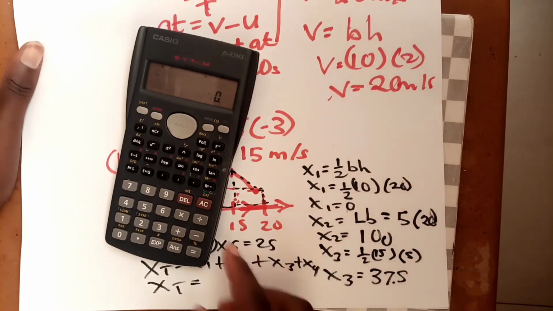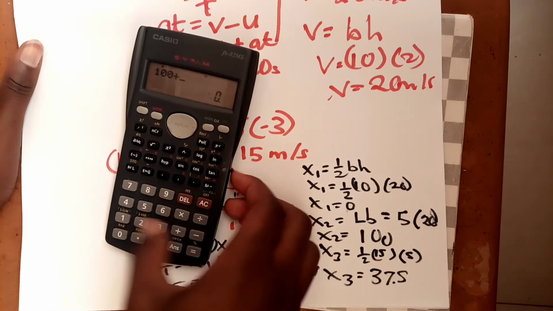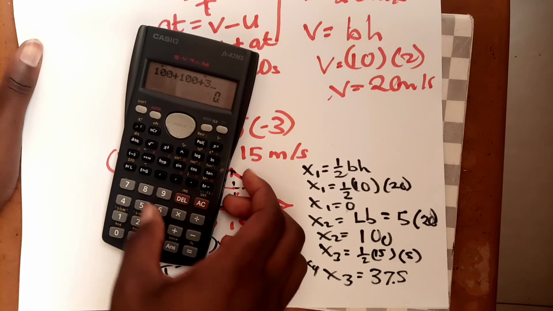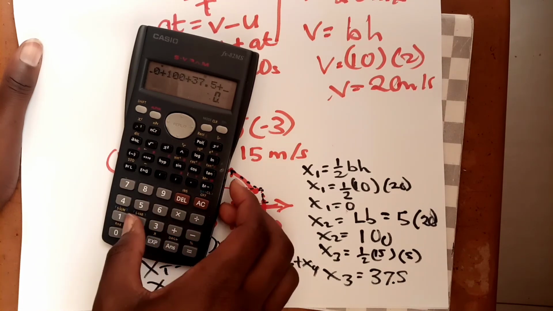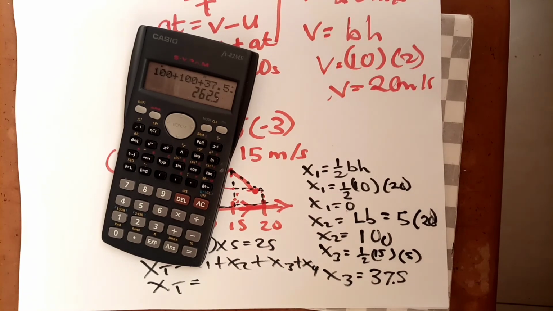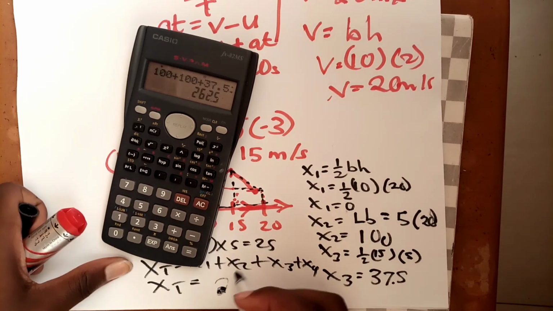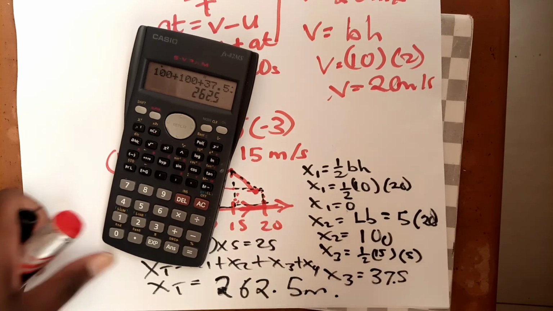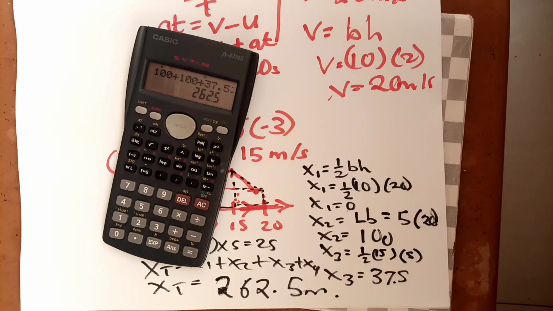We're going to add 100 plus 100 plus 37.5 plus 25. So now our answer is 262.5 meters. So that's it for question 3. We go to question 4 now.